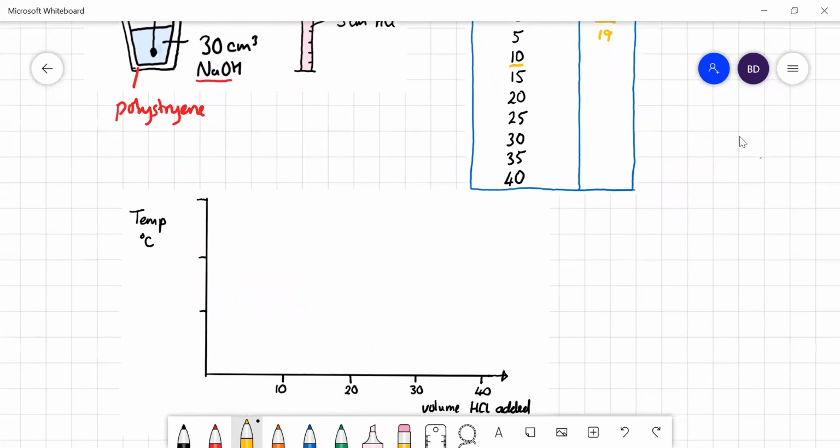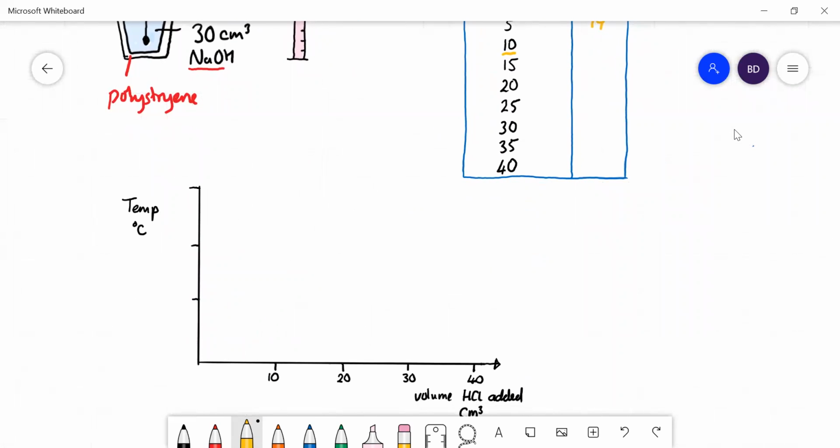Okay, so you get something like this. So I'm going to be adding, so you get, that's the starting one, about 18, and it gradually goes up.